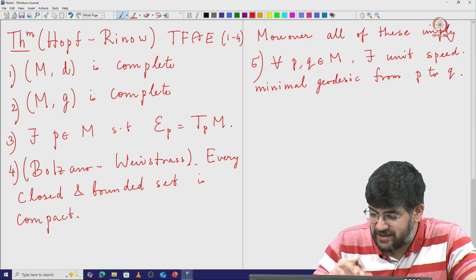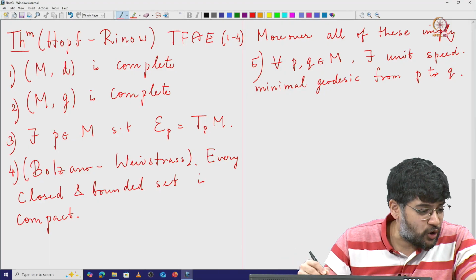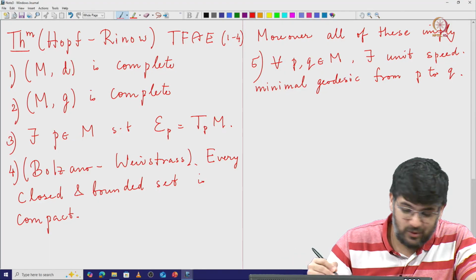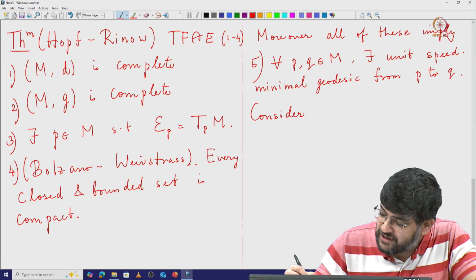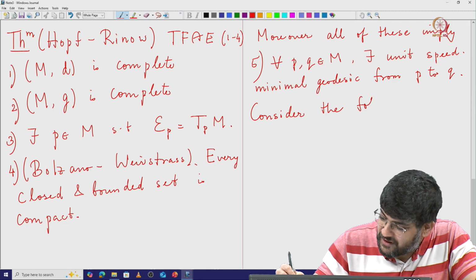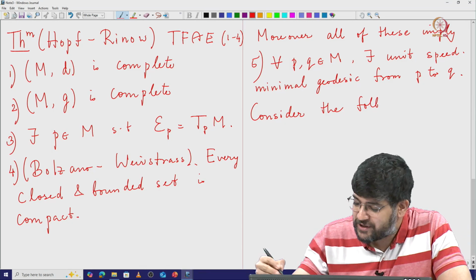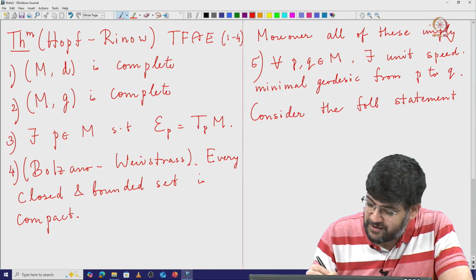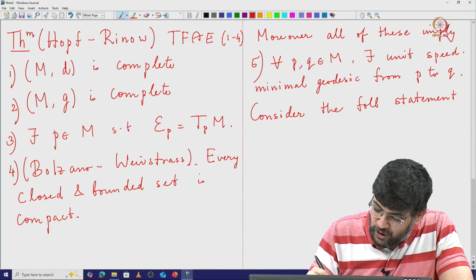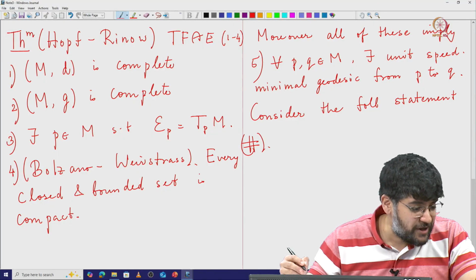So in this and the next lecture I am going to prove this theorem. It all relies on a key statement, which is sort of a version of 5 but for a single point P. So consider the following statement, which I am going to label by star, or label by hashtag.